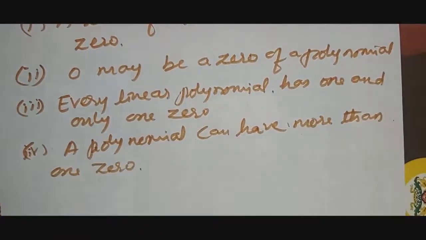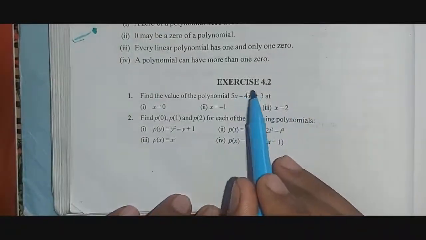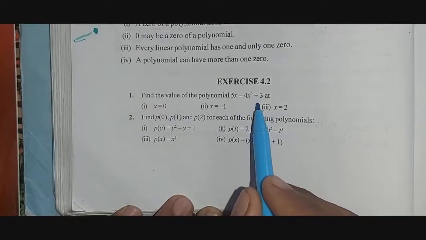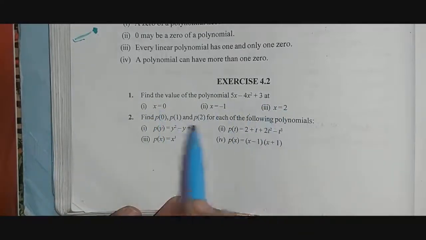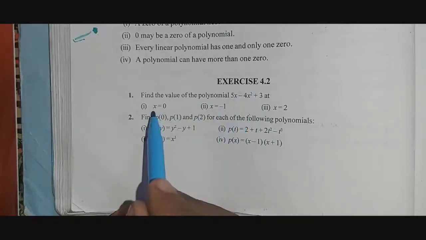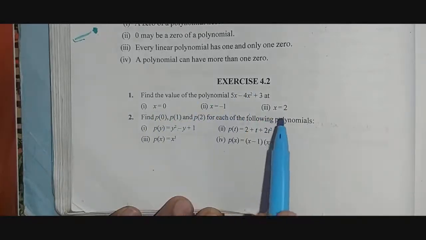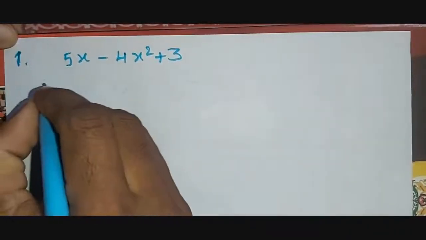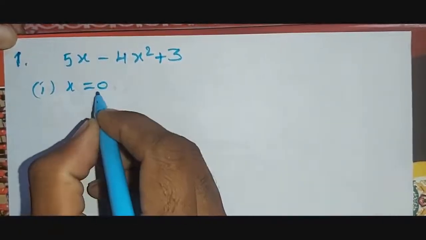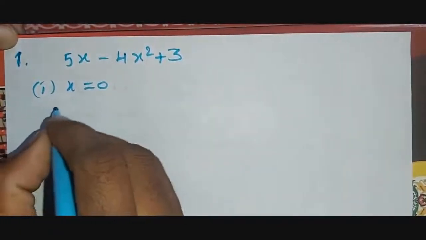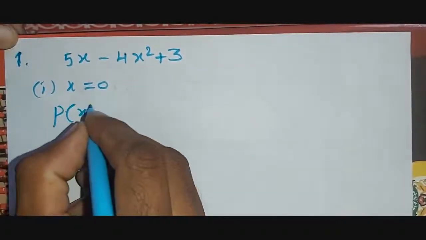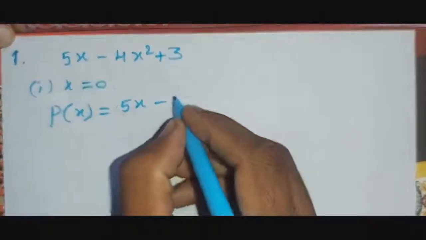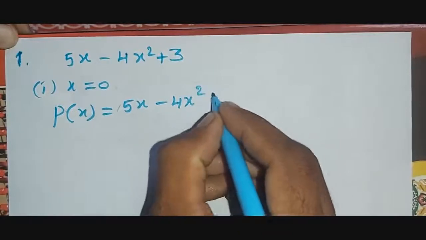Dear students, now let us discuss exercise 4.2. First, find the value of the polynomial 5x minus 4x square plus 3 at x is equal to 0, x is equal to minus 1, and x is equal to 2. We have to put those values in this polynomial. For the first question, x is equal to 0. p of x is equal to 5x minus 4x square plus 3.